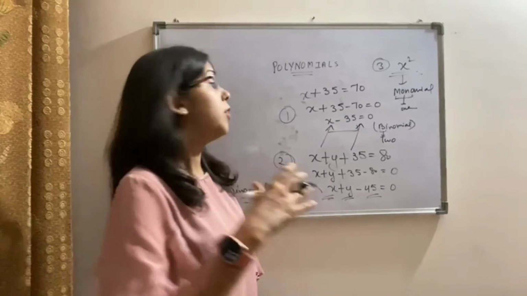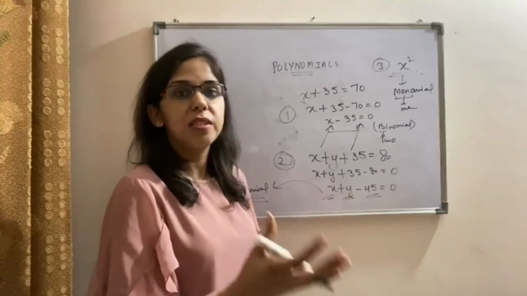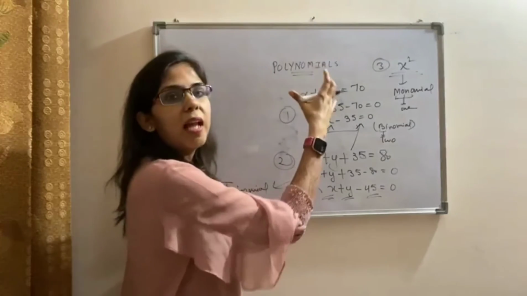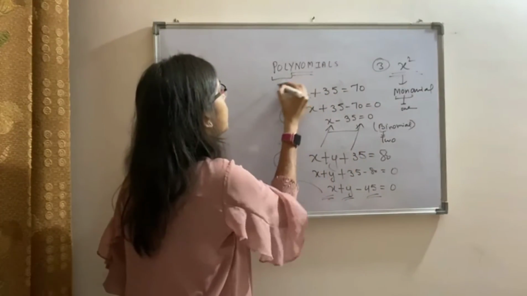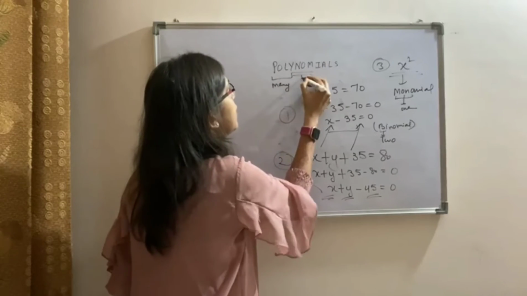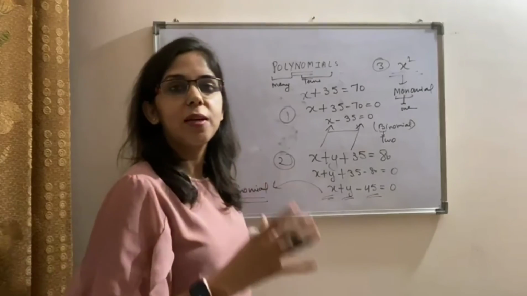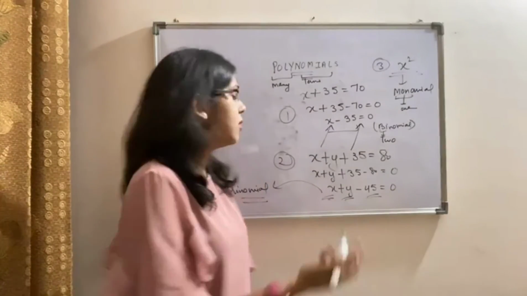Similarly, if your polynomial has 4 terms, 5 terms, 6 terms, and so on. Basically I just want to tell you how the word polynomial is derived, right? Poly means many and nomial means terms. So when your algebraic expression contains many terms, you can say it is a polynomial.